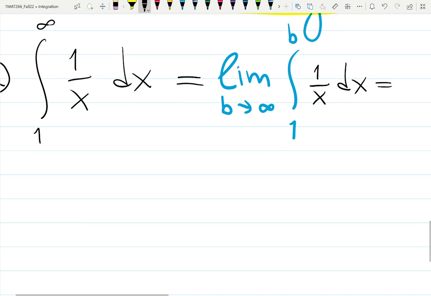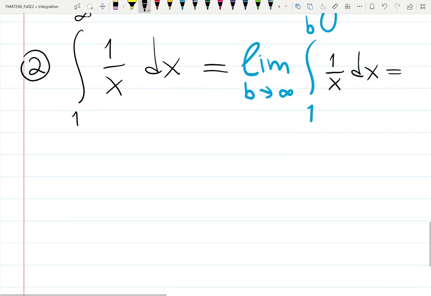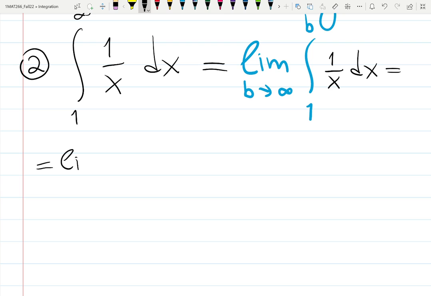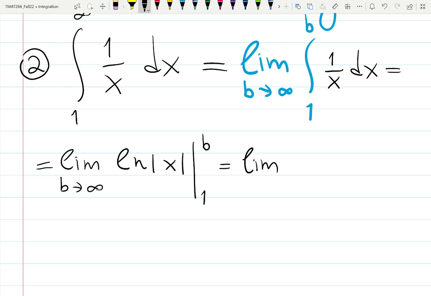So we're dealing with the integral first. We keep writing limits, but we don't use them yet. The integral of 1 over x is what? Natural logarithm, absolute value of x, exactly, from 1 to b, equals, limit as b goes to infinity. We don't do that yet.